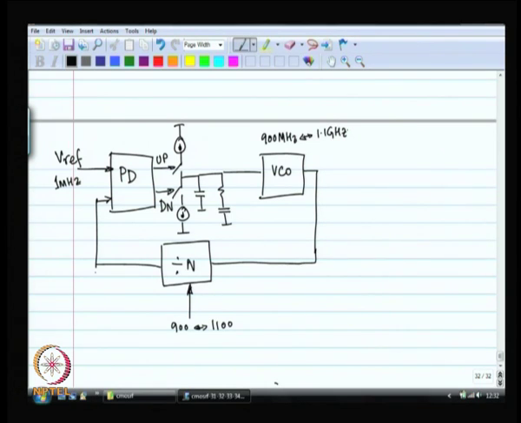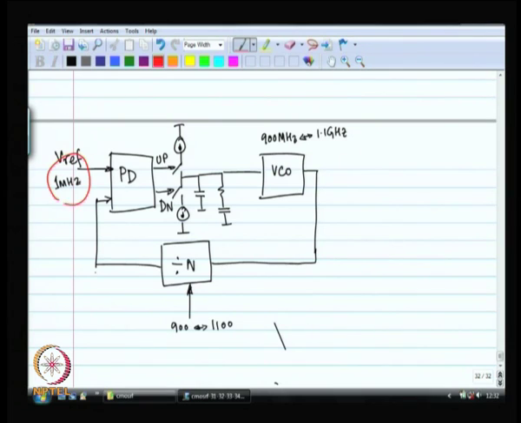All right. So, if you do such a thing, then when n is 900, the output is going to be 900 megahertz. When n is 955, the output is going to be 955 megahertz. So, as and when the base station instructs you to go to a particular channel, you can go to that particular channel. The step size that you have got over here is 1 megahertz.